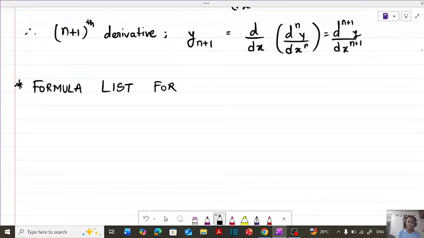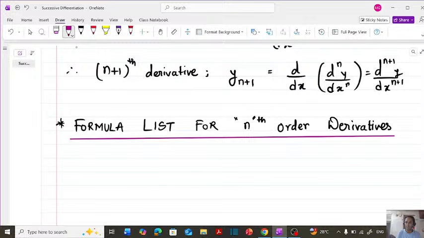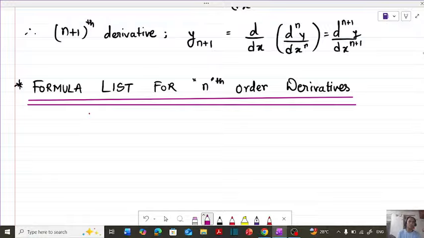So for nth order derivatives, all right, the first formula we will be going through.